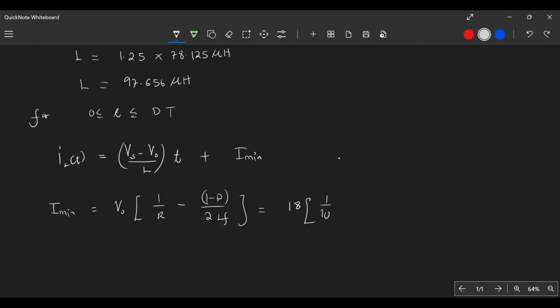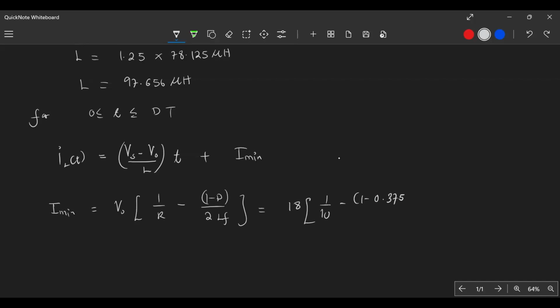And then we also have 1 minus the duty cycle. So please have that. The duty cycle is 0.375.